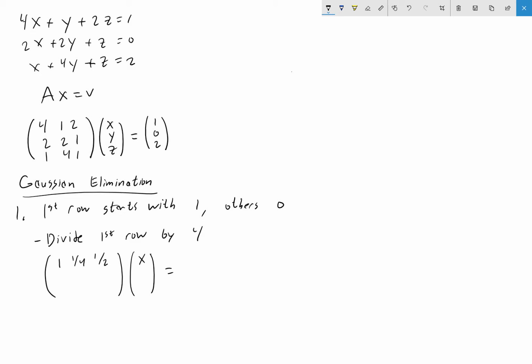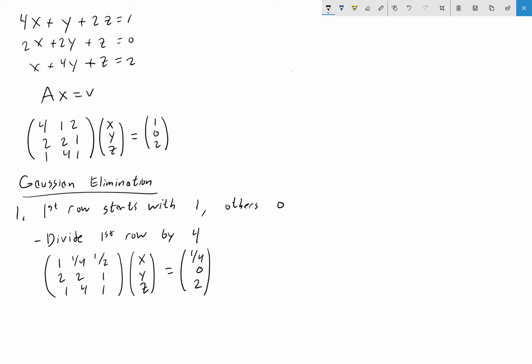It's the coefficients that get divided by 4. But on the right-hand side, I had a 1, and if I take 1 and divide by 4, I'm going to get 1/4. Now the other rows are left completely alone. So it's still 2, 2, 1, y, and 0, and it's still 1, 4, 1, z, and 2. We haven't changed those yet.